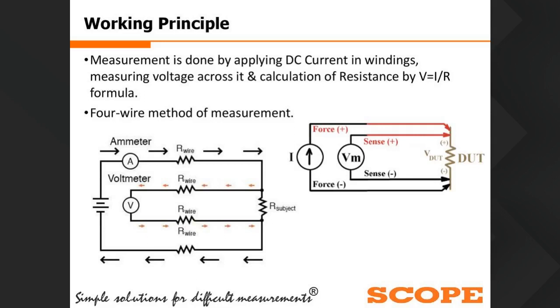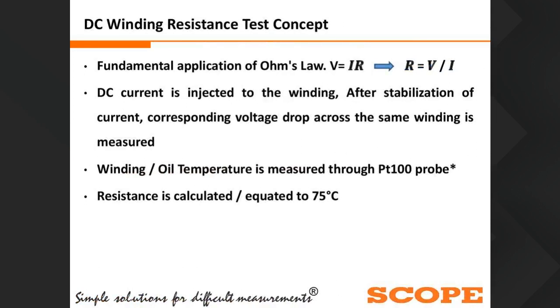So basically, Kelvin's four-wire method is used to reduce the lead resistance. That is, two wires for current injection and two wires for measurement of the voltage drop. The concept is, as I said, Ohm's law.